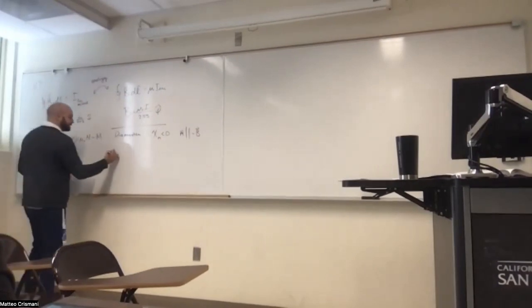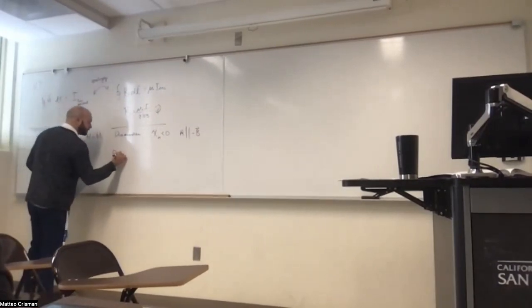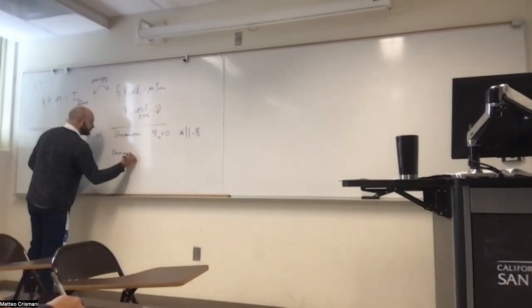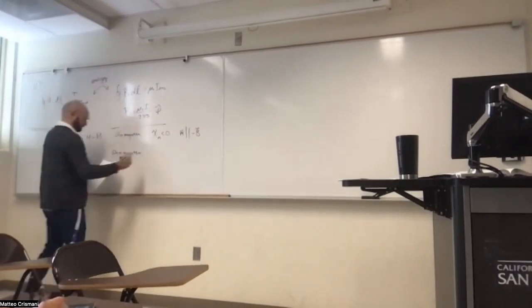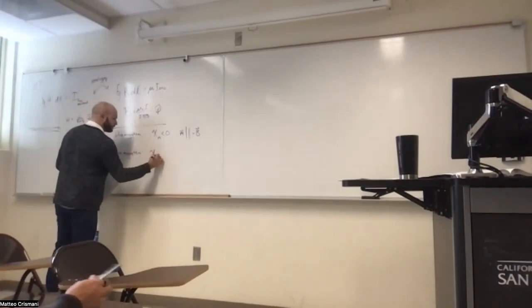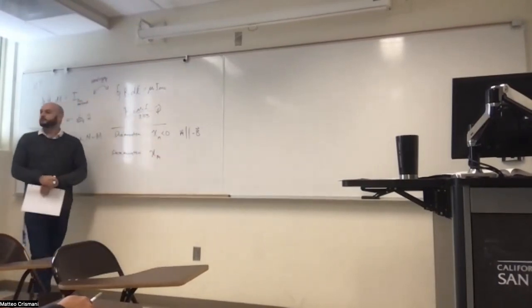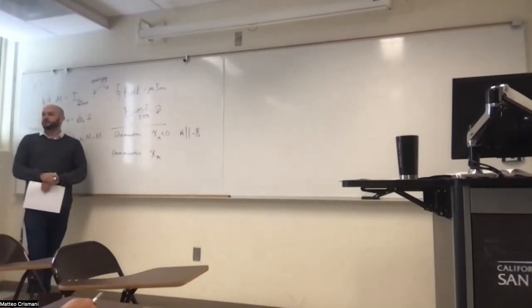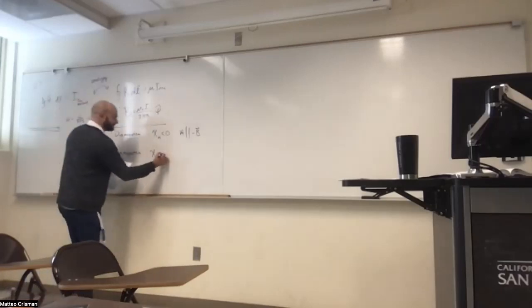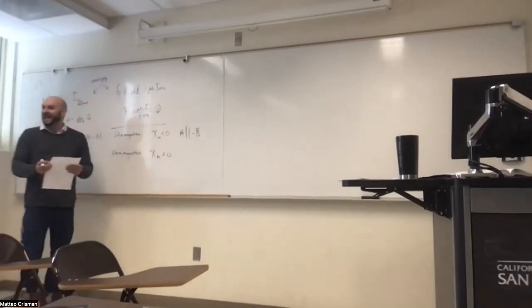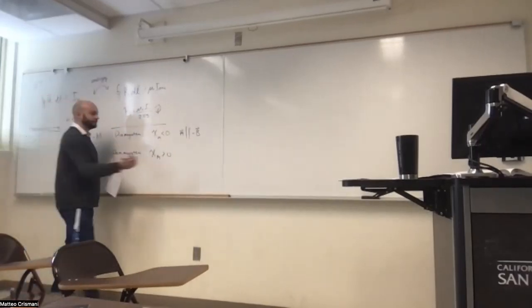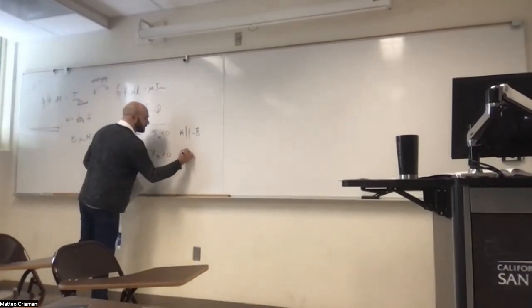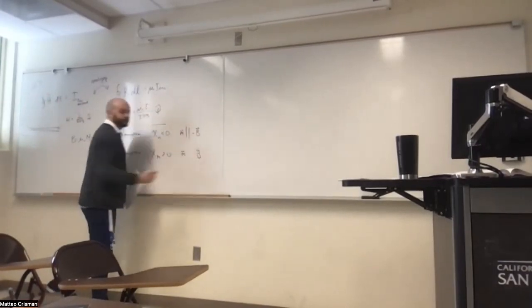Whereas paramagnetism has susceptibility greater than 0. Very good. Good guess. And so then what would that mean for the relationship between the magnetic polarizability and the B field?